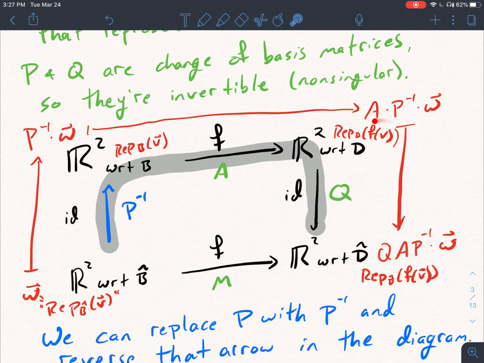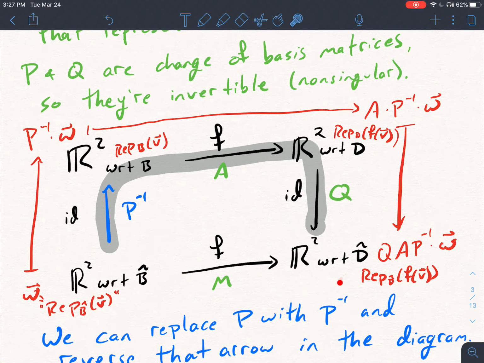And now I have the representation of a vector with respect to D. I could do a change of basis matrix to now get the representation of this vector f of v with respect to D hat. Sorry, let me put an arrow there.